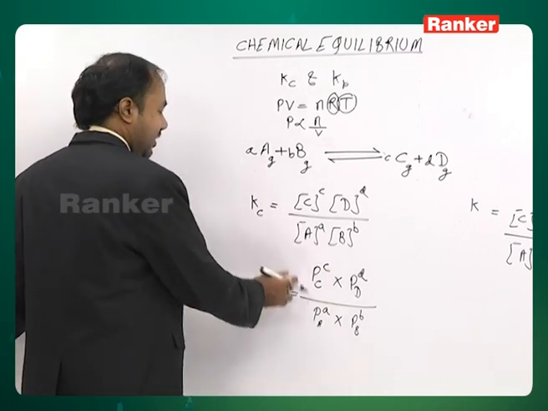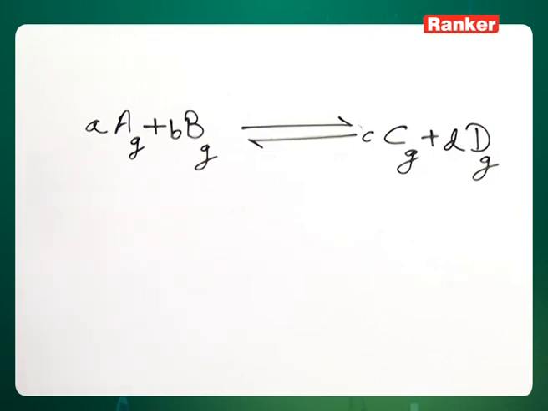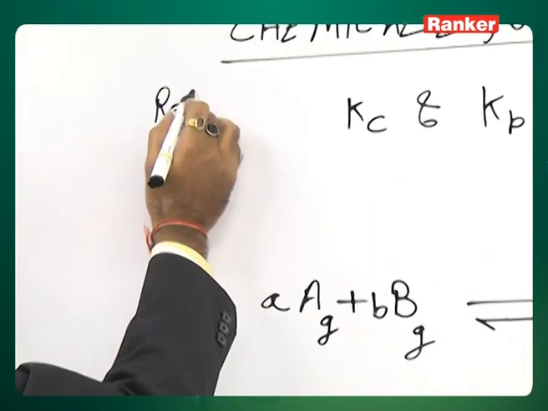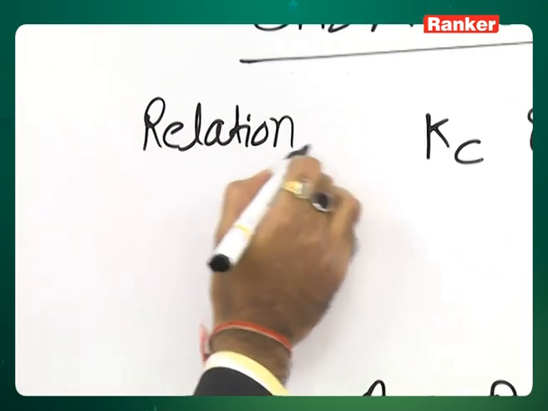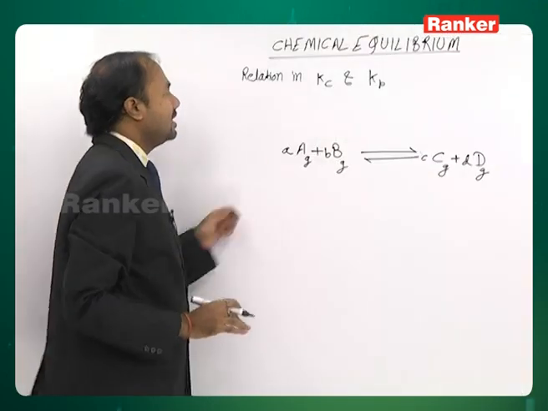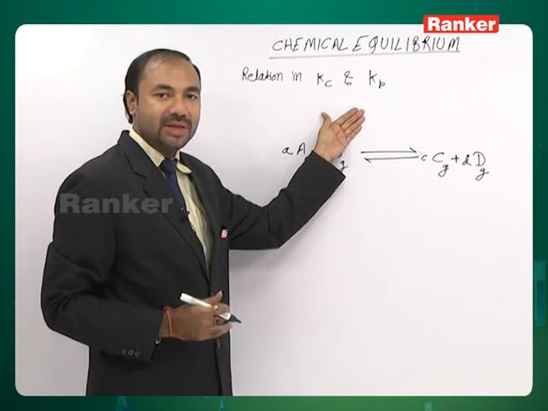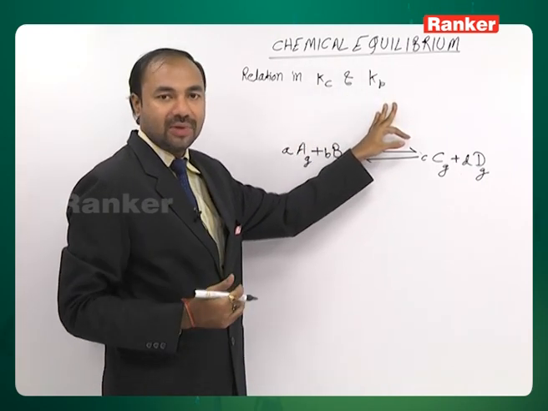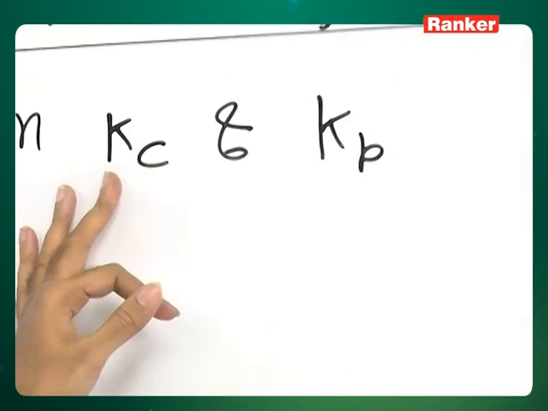For this expression, we are writing Kp. Now, we are going to establish a relation between Kc and Kp. Both are equilibrium constants using different terms. Kp, as I told you, uses partial pressures of the gases, Kc uses their concentrations.